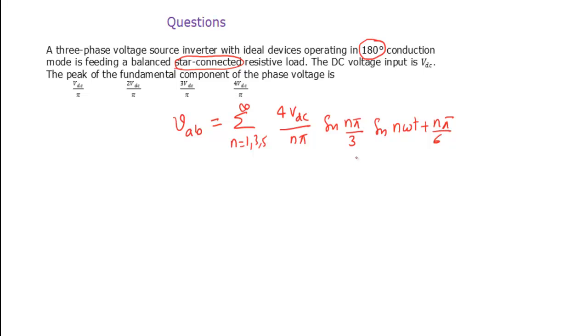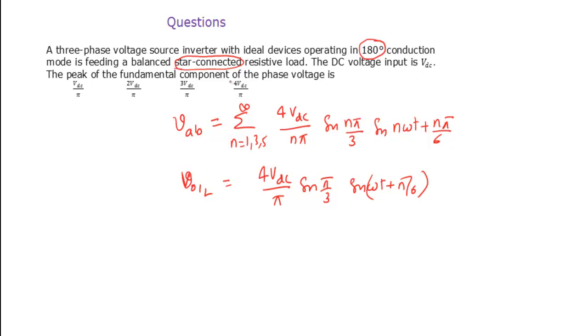This is what we discussed. This can be replaced with cos also, cos n pi by 6. This is a line voltage. So for the fundamental, substitute n equal to 1. This is still the instantaneous value: 4 VDC by pi sin(pi by 3) sin(omega t plus pi by 6).